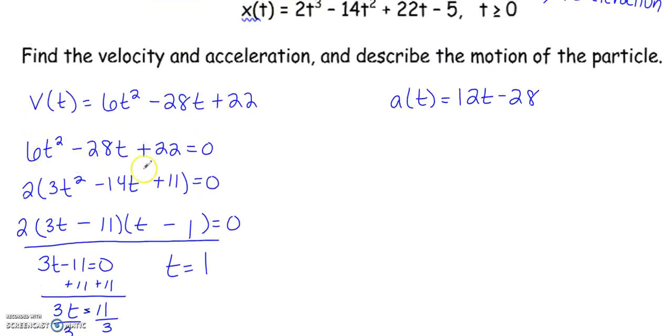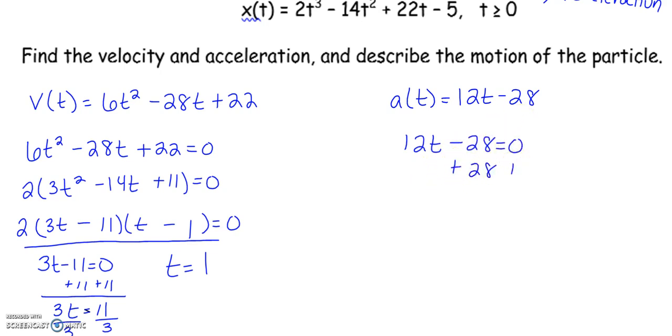Now we can also tell some other stuff about our particle, and we can tell when the particle is speeding up or slowing down. Remember we took the derivative of velocity and got acceleration. We're going to set the acceleration equal to 0 and solve.